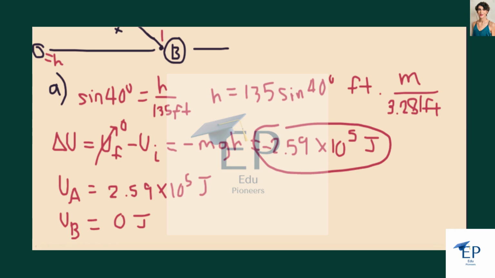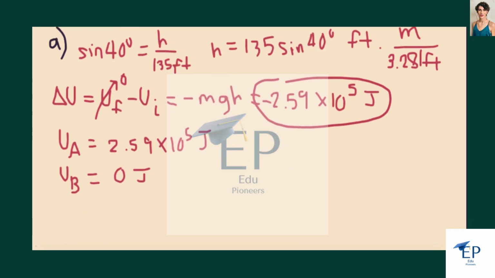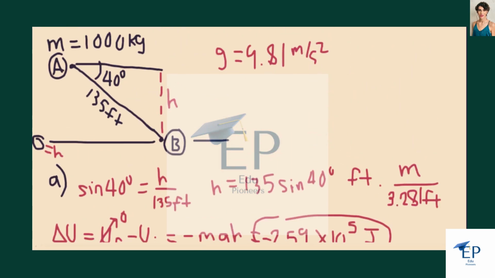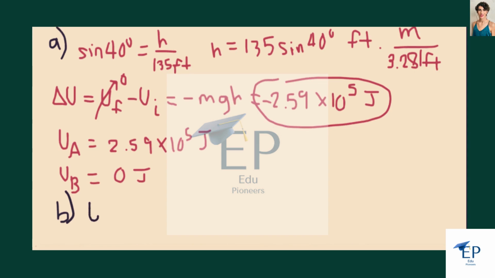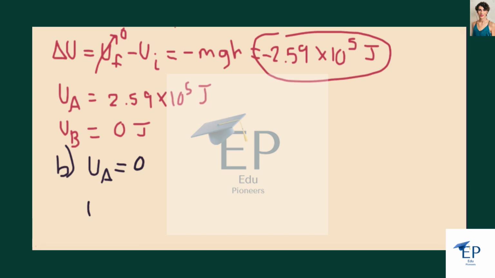Okay. Now we're going to repeat it. But this time we're going to set the 0 to be point A. So 0 is going to be at the top. If we do that, then the potential energy at point A is 0. The potential energy at point B is going to be negative 2.59 because it's still below A. So it has to be lower.